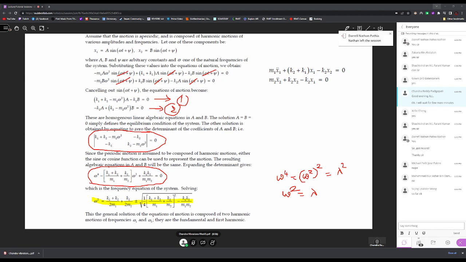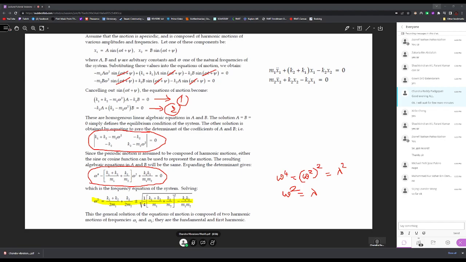Replace omega to the power of 4 with lambda square, then omega square with lambda. Then this equation is similar to a quadratic equation, so you can apply the formula for the quadratic equation.